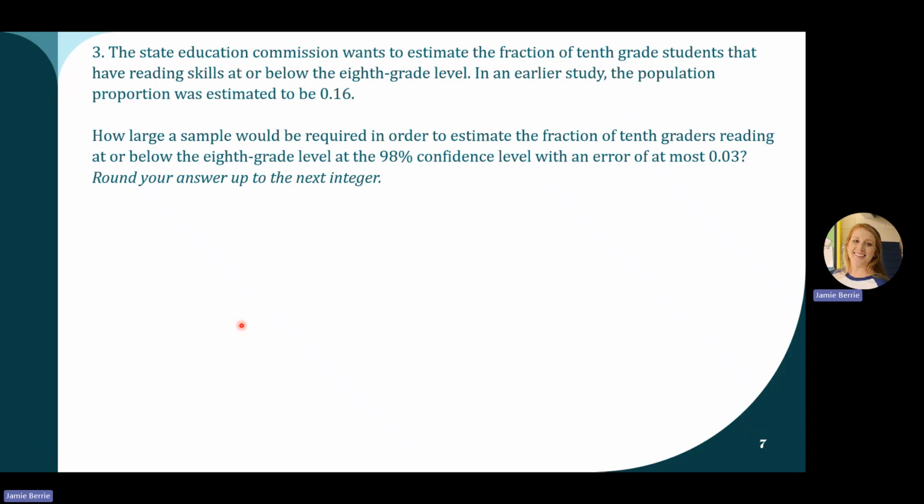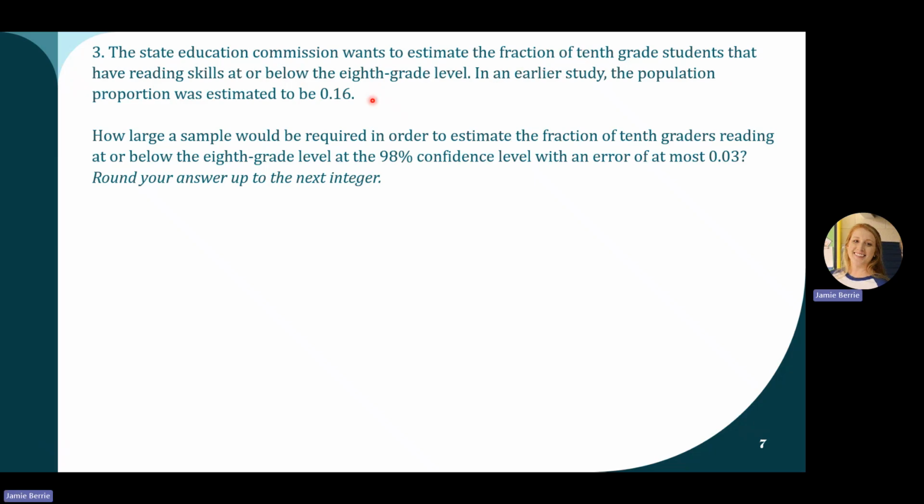All right, so here's our first example. It says the State Education Commission wants to estimate the fraction of 10th graders who have reading skills at or below the 8th grade level. So they're trying to estimate the proportion of 10th grade students who have reading skills at or below the 8th grade level. That would seem to indicate that they are at a reading level that is below where they should be.